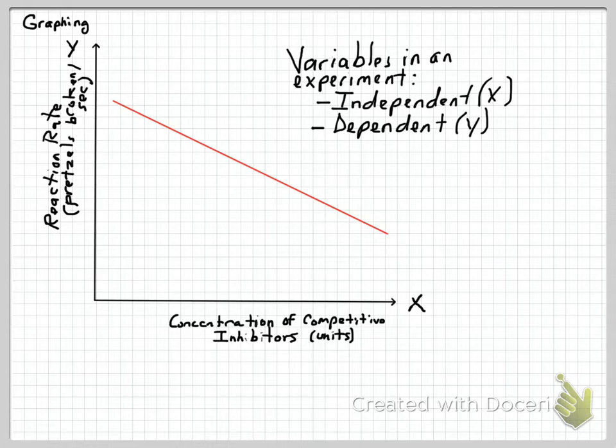If we keep adding more toothpicks, we're going to grab more toothpicks and fewer pretzels, and so the number of pretzels we break is going to decrease over time. Okay, so that is the difference between independent and dependent variables, and make sure you know which axes they go on. Alright, hope you like that one, and here comes our next slide.